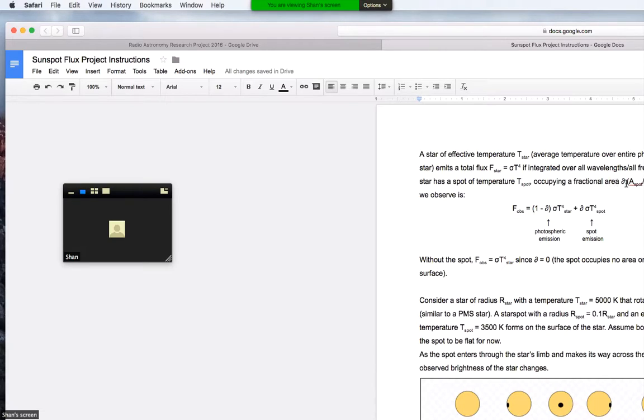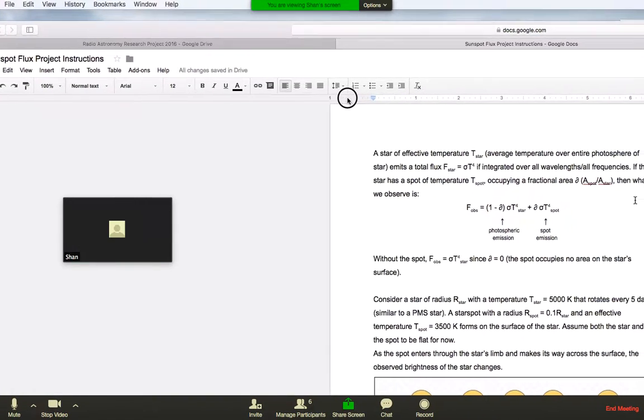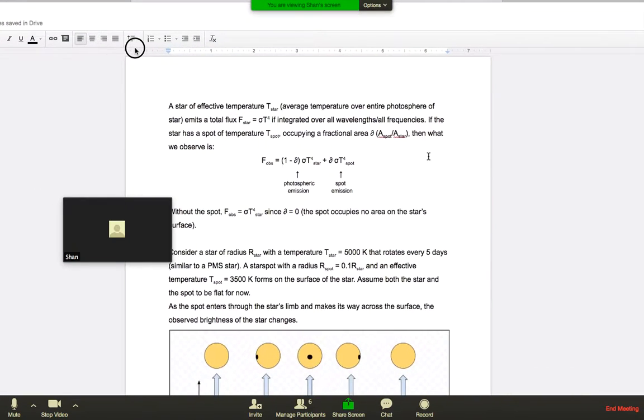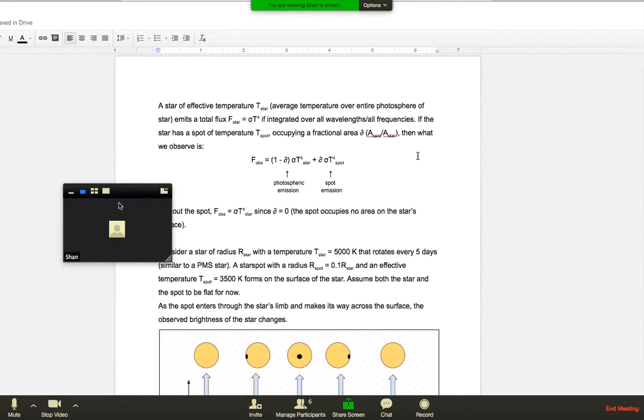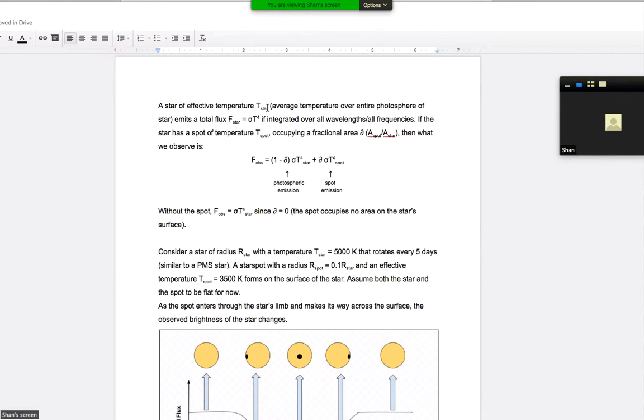So basically, we're going to consider a star. It's going to be a flat disk, a flat rigid body. It's going to have a certain temperature, which we'll call T star, and it's the effective temperature, or the average temperature over the entire photosphere, which is basically the surface of the star.